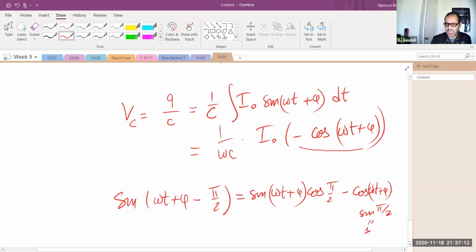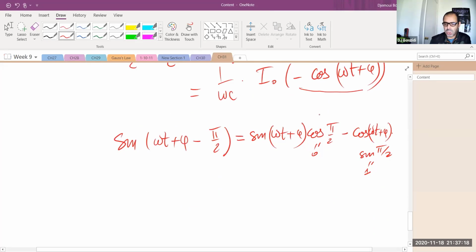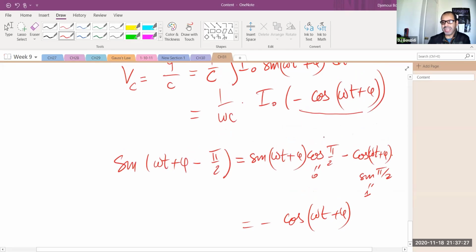Well, the sine of pi over 2 is 1, and the cosine of 90 degrees is 0. So this whole thing is actually the minus cosine of omega t plus phi. So I got rid of the minus and brought it to the sine the way I want it. Here is the sine, exactly how I want it.